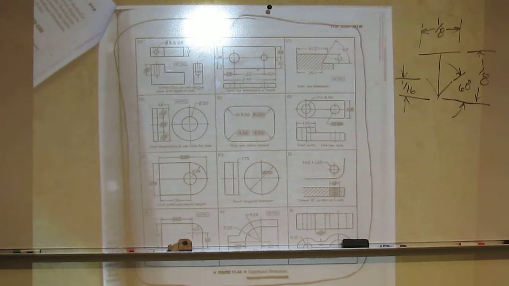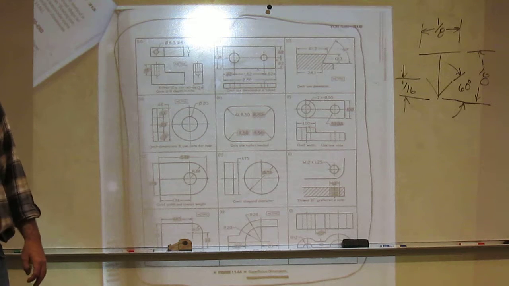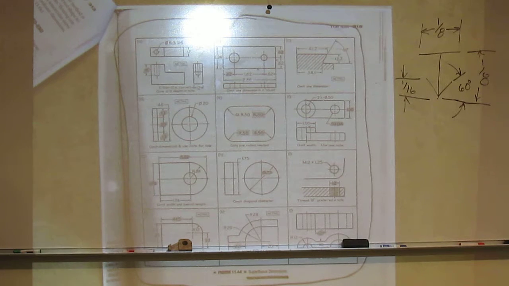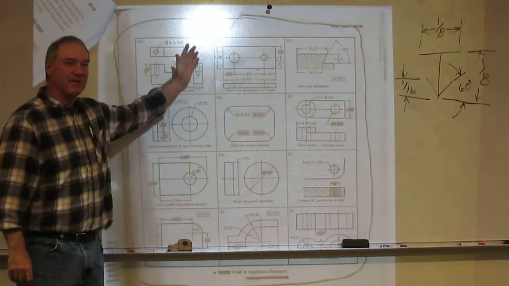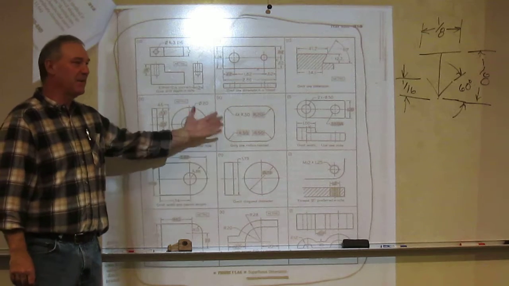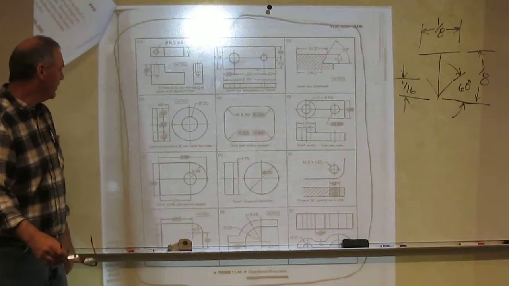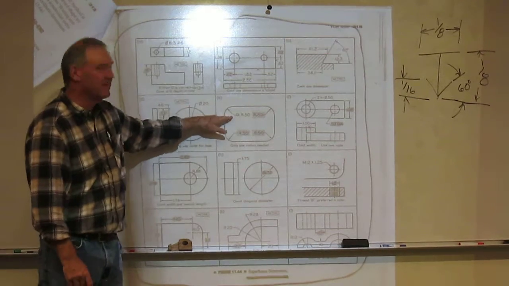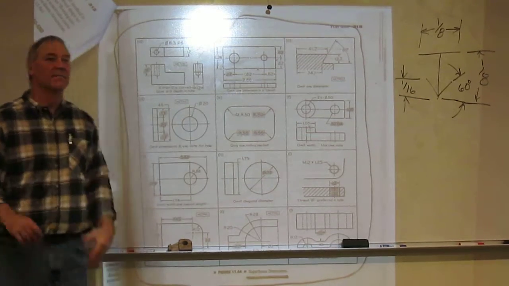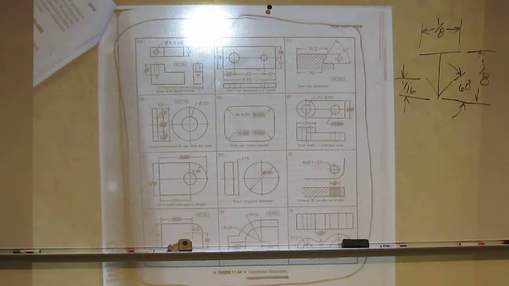Superfluous means redundant. Superfluous? Is that the way you say it? Okay, I'll go with you, Cheryl. I'm sure you understand the English language better than me. Superfluous. Let's see if I can remember that. Basically, this means redundant. This is great examples of double dimensioning throughout this thing. They give you a ton of examples. Why would you use a multiplier like here versus doing each single one? Okay. So a good page to look at to see if you made any of these mistakes.